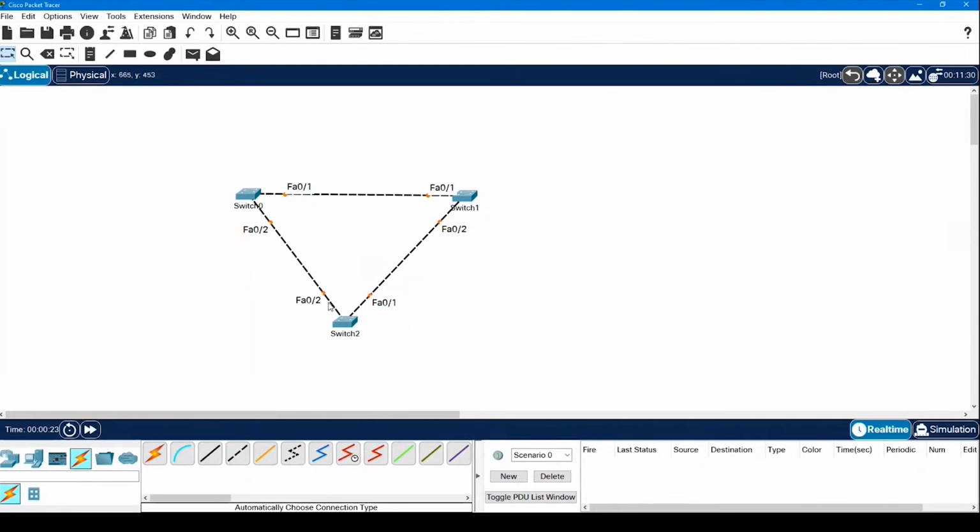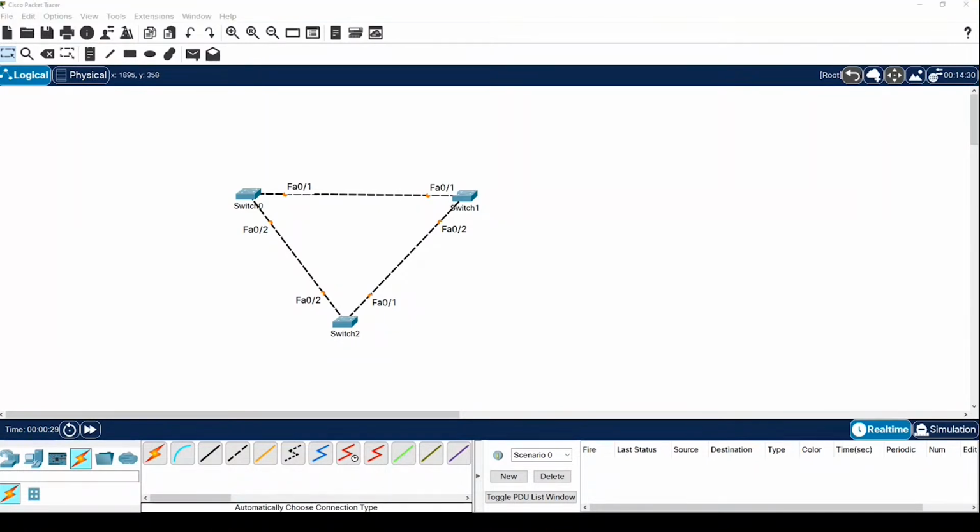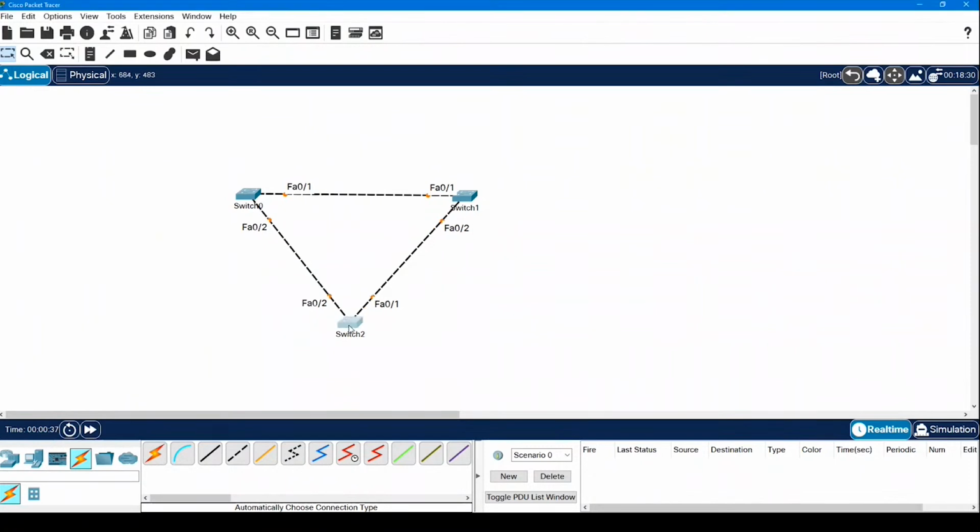Now we can see that all of the ports are in listening or learning mode, right? Hassan, I will tell you STP with 4 switches as well. Please let's understand this with this topology only. And we can see that all the ports are in amber color. So basically they are either in listening mode or the learning mode.